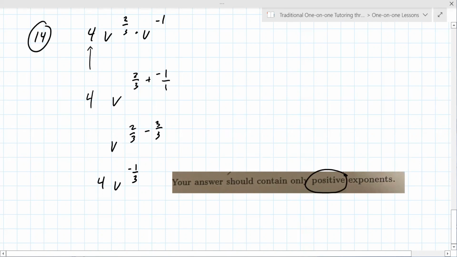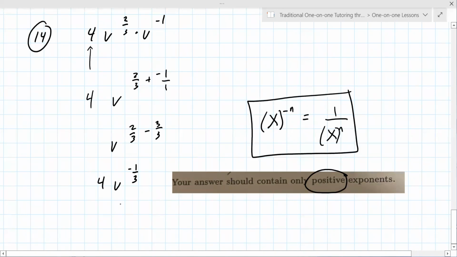So we kind of saw this in an earlier problem, but the property is that if you have a negative exponent, you write it as 1 over x to the n, and this x is really whatever is contained in parentheses here. So for this problem, it becomes 4 over v to the 1/3.